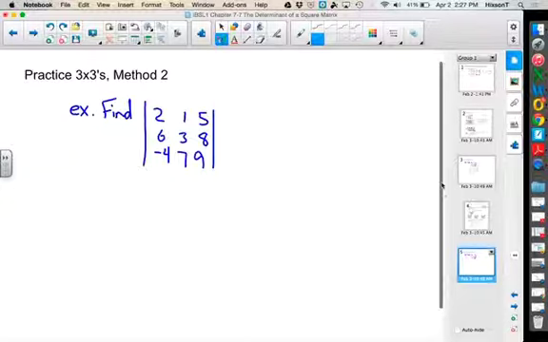I got 122. Minus 56. Yeah, 27 minus 56 would be negative 29. 8 times 7 is 56.